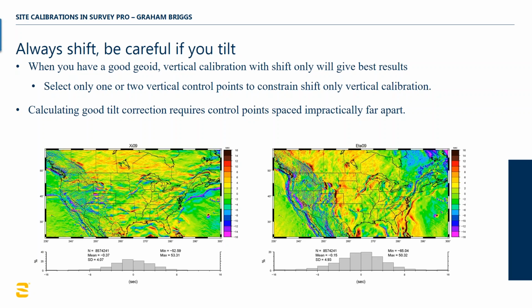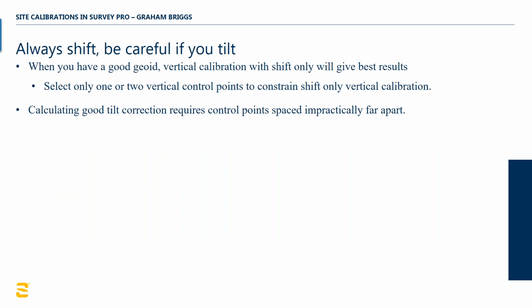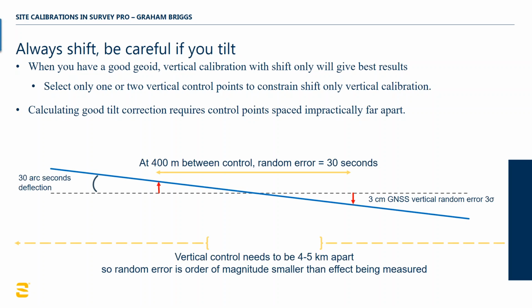And there's a maximum of around 1 arc minute, about 50 to 60 seconds, which is the maximum value that this tilt or this deflection of the vertical reaches anywhere in the United States. So if you want to switch to the next graphic there, Joe. One more. There we go.